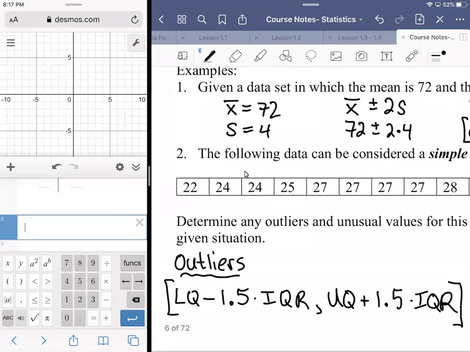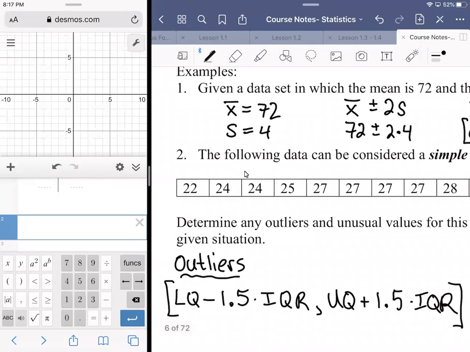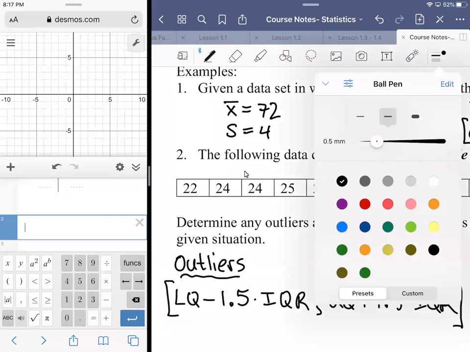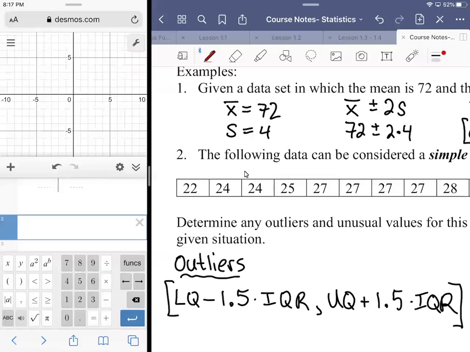Right. I'll also write the alternative form, the technology variation of this, because the calculators tend to speak in terms of quartiles rather than lower and upper quartiles.